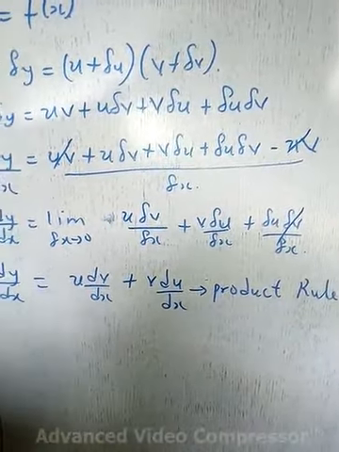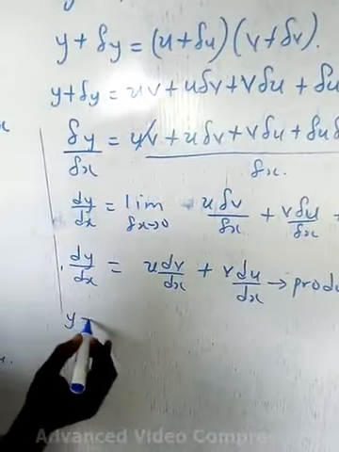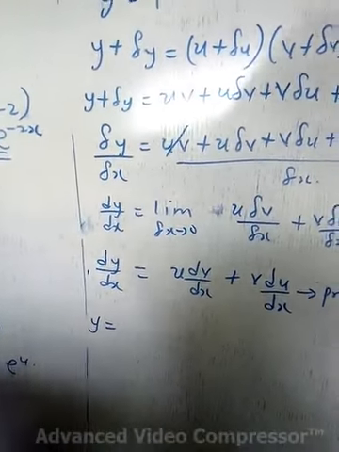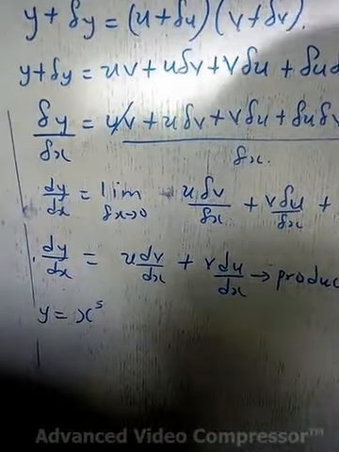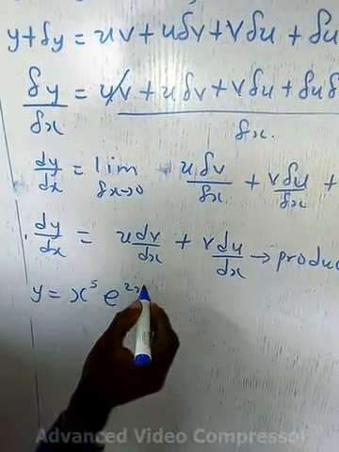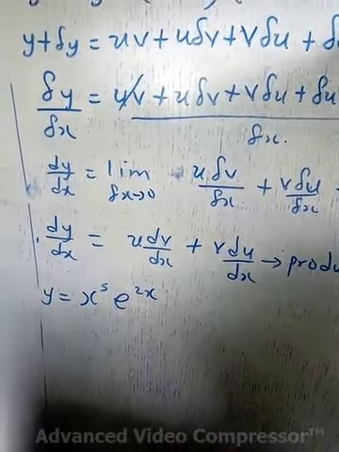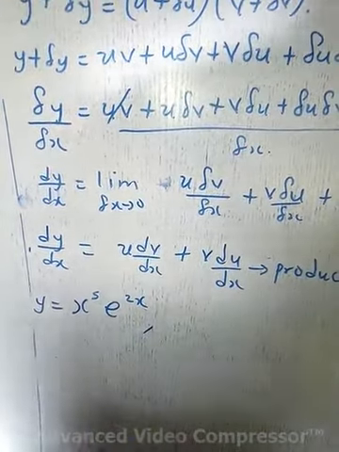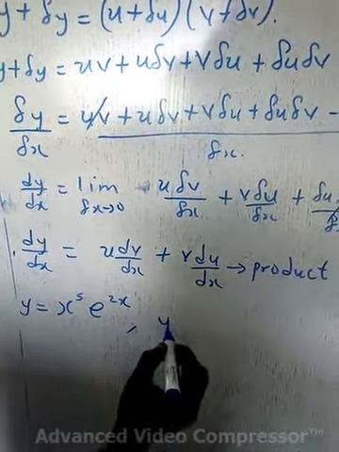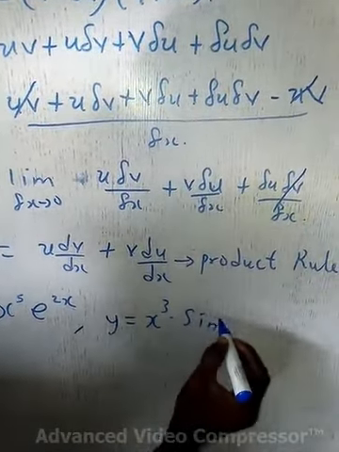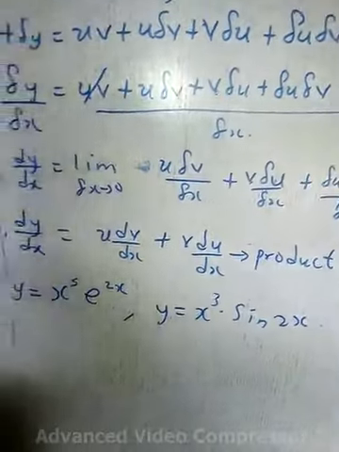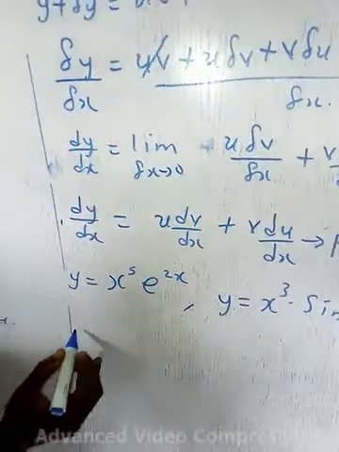We can have some questions to explain this better. We can be given that y is equal to x to the power 5 exponential 2x. Also, y is equal to x to the power 3 sine 2x. So dealing with this one after the other, let's first deal with this.